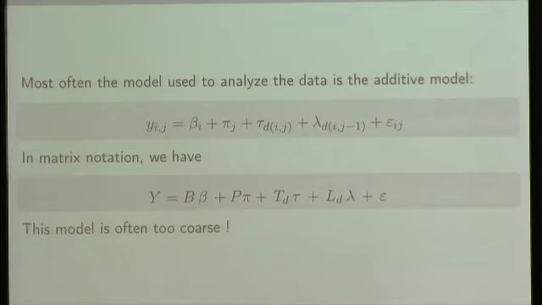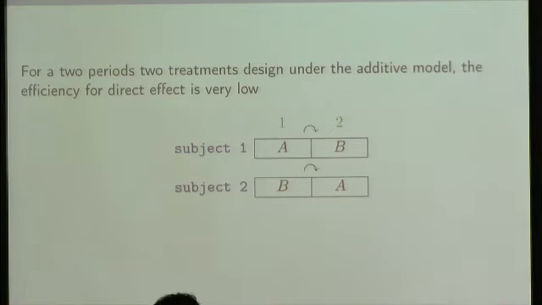So in vector notation you have this expression here with B, P, T and L as the corresponding matrices of the effects. But the problem is that this model is often too coarse to be used in practice. For example, if I take a two-period design, it is well known that there is some confusion of effect if there is some carryover effect between the first period and the second period.